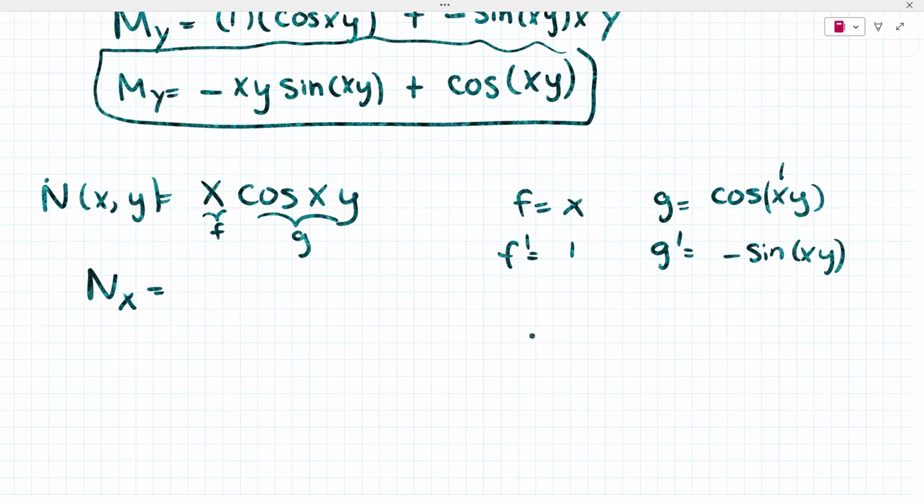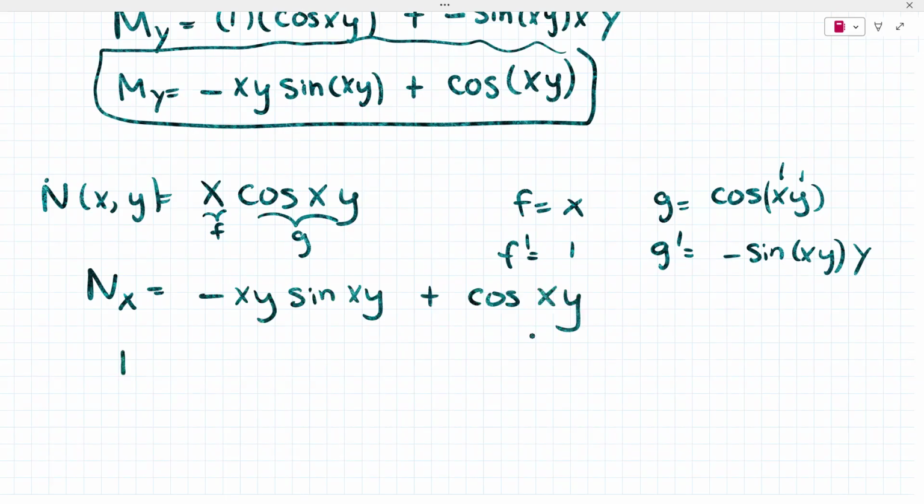The derivative of x is 1, and y is a constant, so you just bring down this y. When you put it all together, you should get negative xy sin of xy plus cosine of xy.